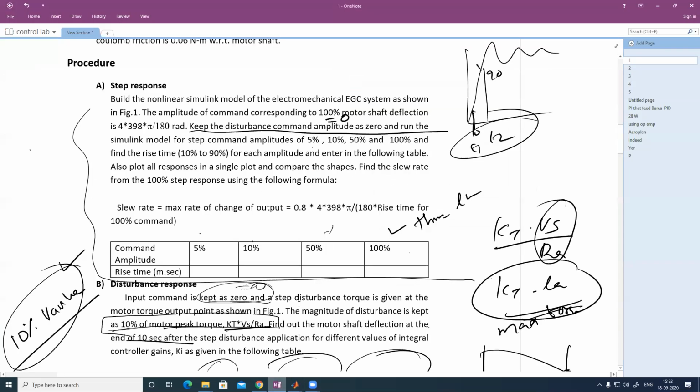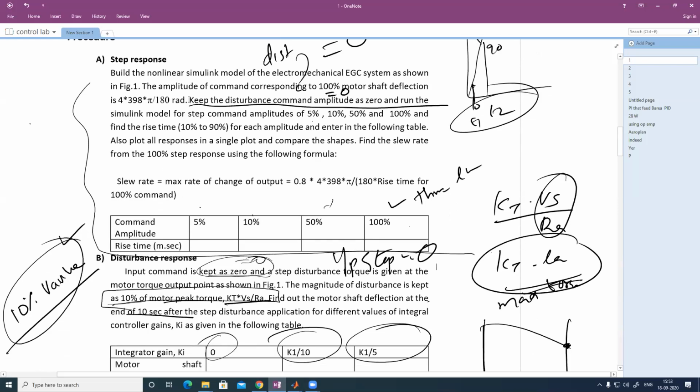That is mentioned here. If you are taking the step response, the disturbance is 0. Command amplitude is 0 if you are taking the disturbance response. Then only you can analyze these two separately. That's the superposition theorem. One input you give, take one output. Second input give, take the output.